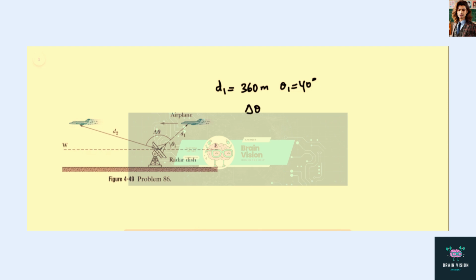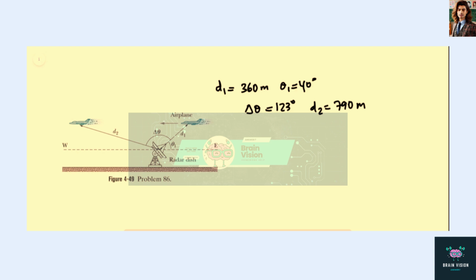The difference in angle is 123 degrees in the vertical east-west plane, and D2 is 790 meters. So we're asked the magnitude of the displacement vector during this period of the plane.